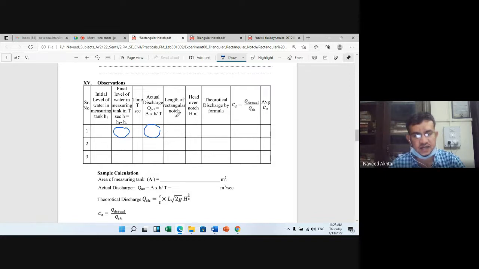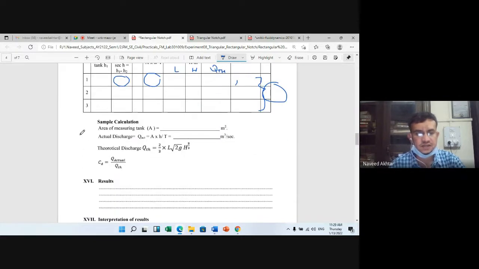Length of rectangular notch L, head H, putting them in the formula you can find out the Q theoretical. Okay, and then Q actual upon Q theoretical is nothing but your CD, and then you take three readings and the average of the three will be your final. Okay, this is the sample calculation.